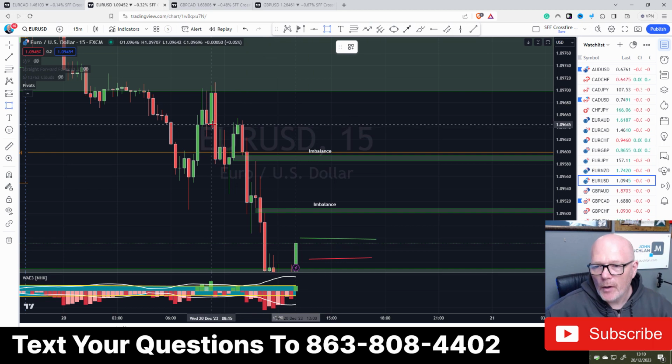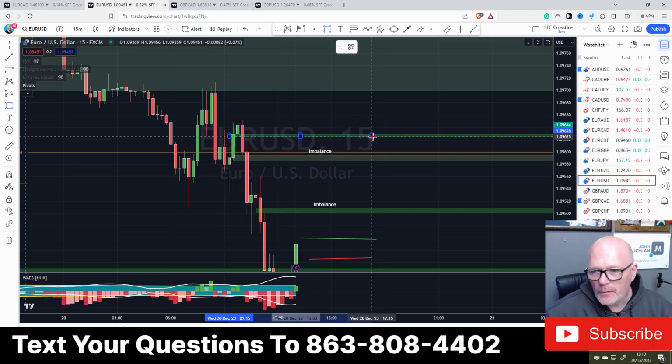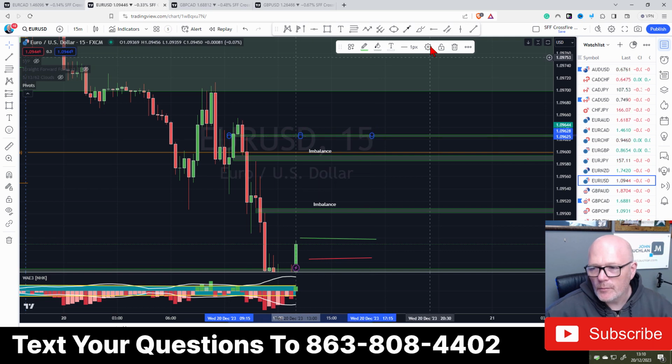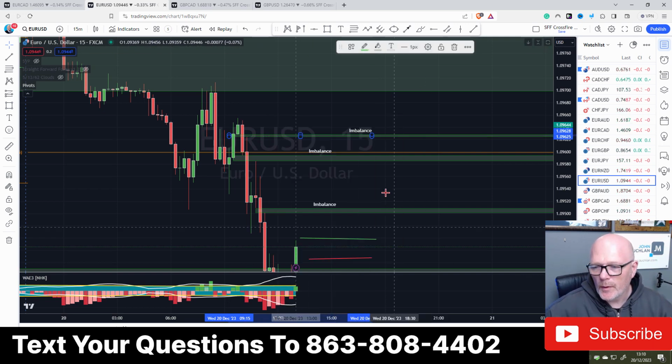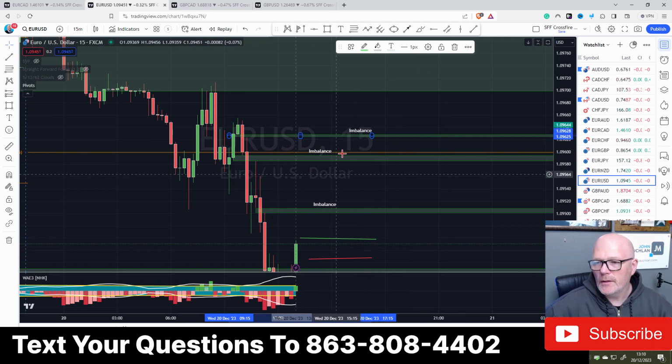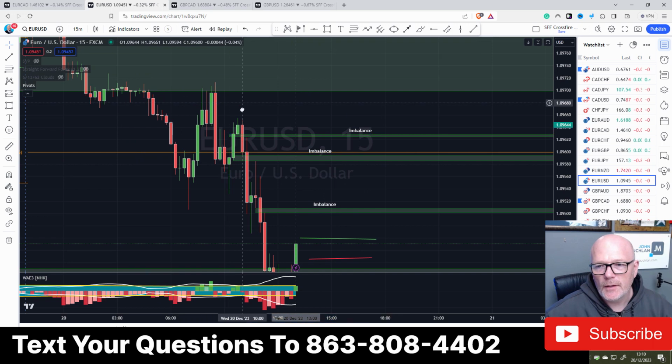Just tiny pockets of imbalance, but again, if you don't put them on, then price will go to a certain point, and you'll think, well, why has price gone there? What's happening with the price? And you put the imbalance on. I'll leave them. I know they're not straight, but hey, let's have to suffer today.